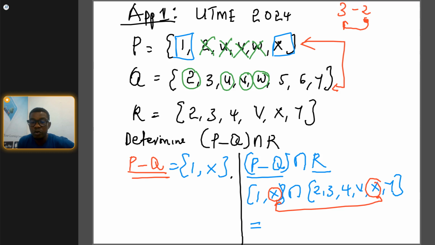The common element between P minus Q and R is X. So the final answer for that UTME question is X, the only element that is common to both of them. I believe that is clear.